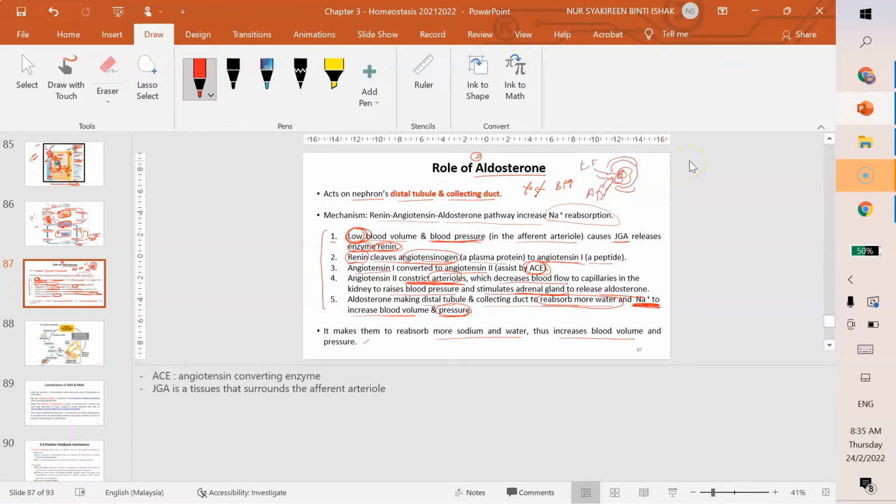So at the afferent arteriole, you have a group of tissue that is called JGA. So ACE, what is ACE? Tadi kita ada jumpa perkataan ACE kan? So ACE is angiotensin converting enzyme.